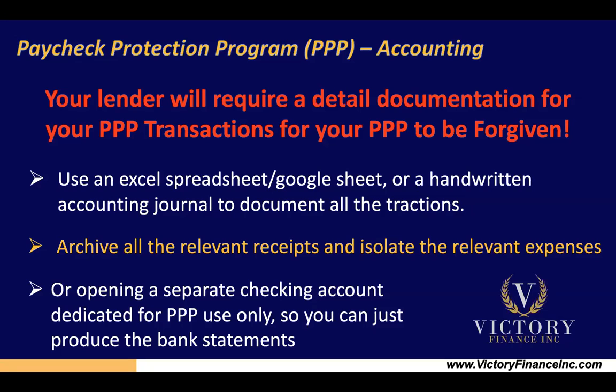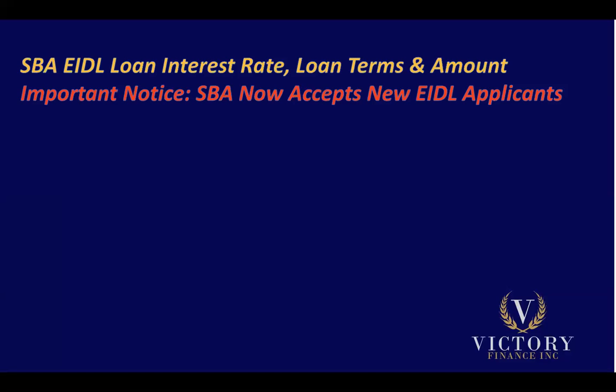And I'm even doing that with my EIDL loan, to have it separate. EIDL is a little bit more loose, the usage is a little bit more broad, but I still feel it's better I do it that way, so I keep track of everything. So make sure you do that as well.